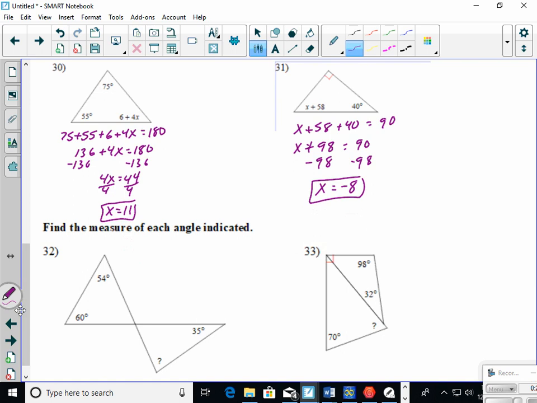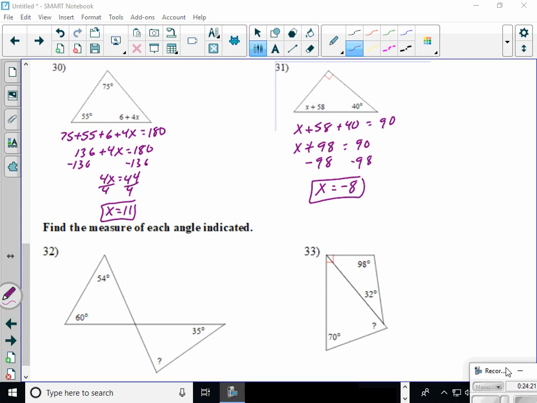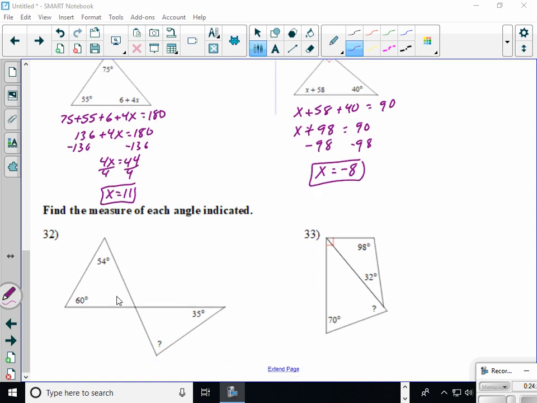All right, find the measure of each angle indicated. And so we've got 32. Trying to figure out what this angle is right here. We have one angle, we don't know this angle, so we've got to use this triangle to come up with this angle here.